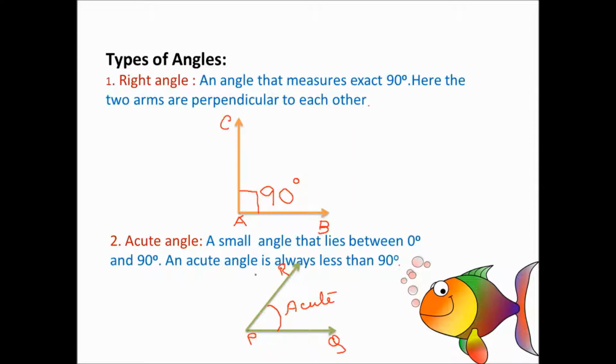So see, this angle is less than 90 degree. This is 90 degree. So this angle is always less than 90 degree. It can be 85 degree, 89 degree, but it has to be less than 90 degree.